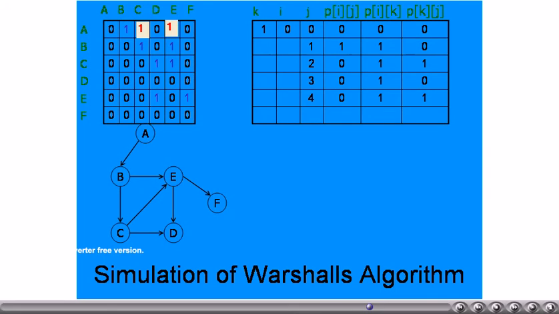Thus, p04 becomes 1. Like this, when Warshall's algorithm is executed, finally we get the path matrix P.